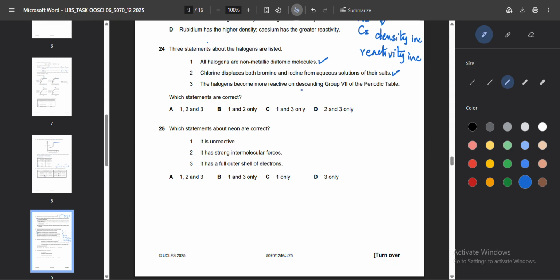The halogens become more reactive on descending group 7 of the periodic table. No, these are non-metals, and for non-metals, when you move down the group, the reactivity decreases. So that means this one is not the correct option. So that makes option B the correct one.